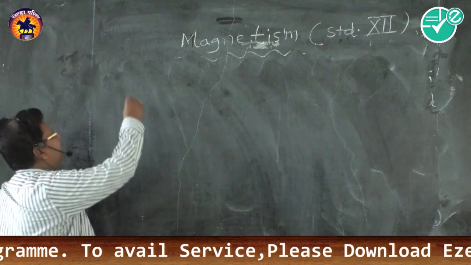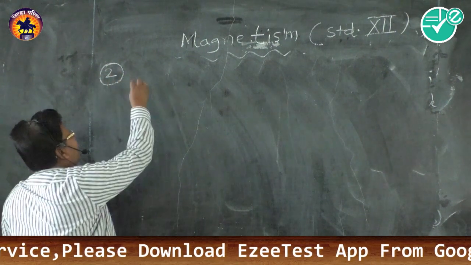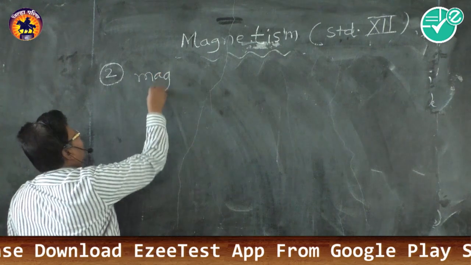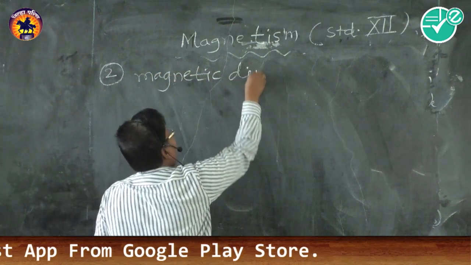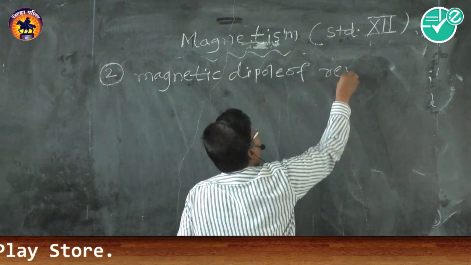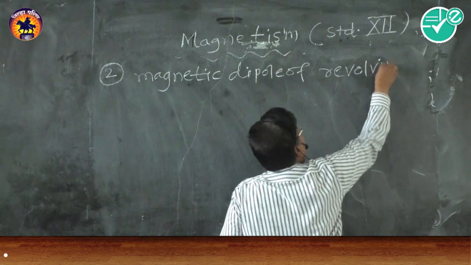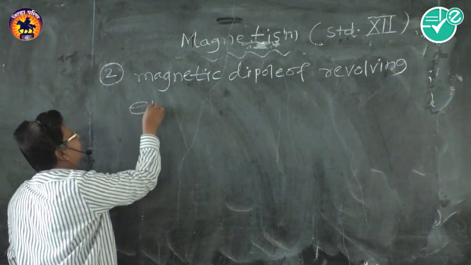Now the second article is magnetic dipole of a revolving electron.